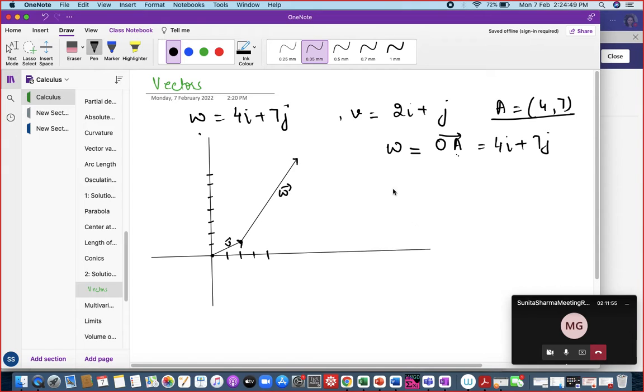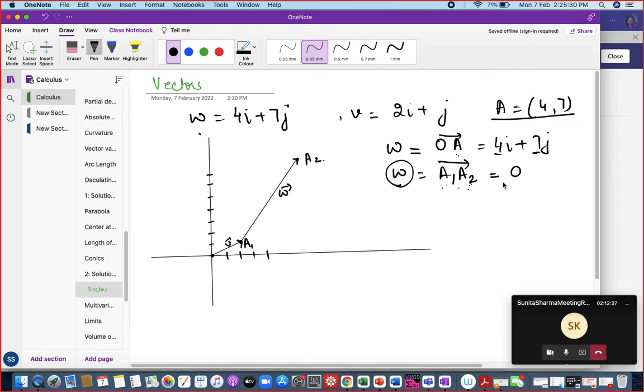Now the second time we are going to represent w with a starting point, say A1, and an end point, say A2. If I do that translation and get a new pair of initial and terminal points, how do I get the expression for w? The expression for w, or these two components, will be obtained by taking... anyone knows this? How do we find w from these two points?